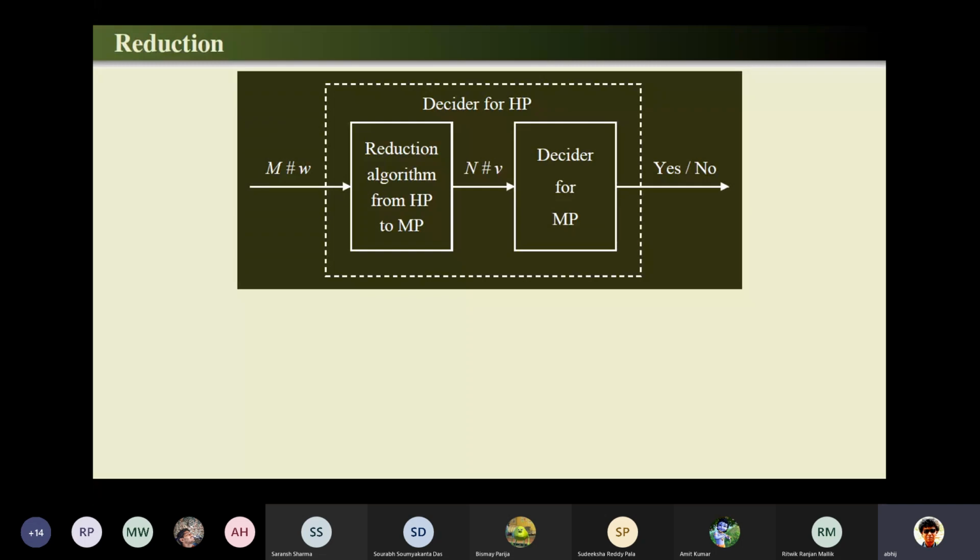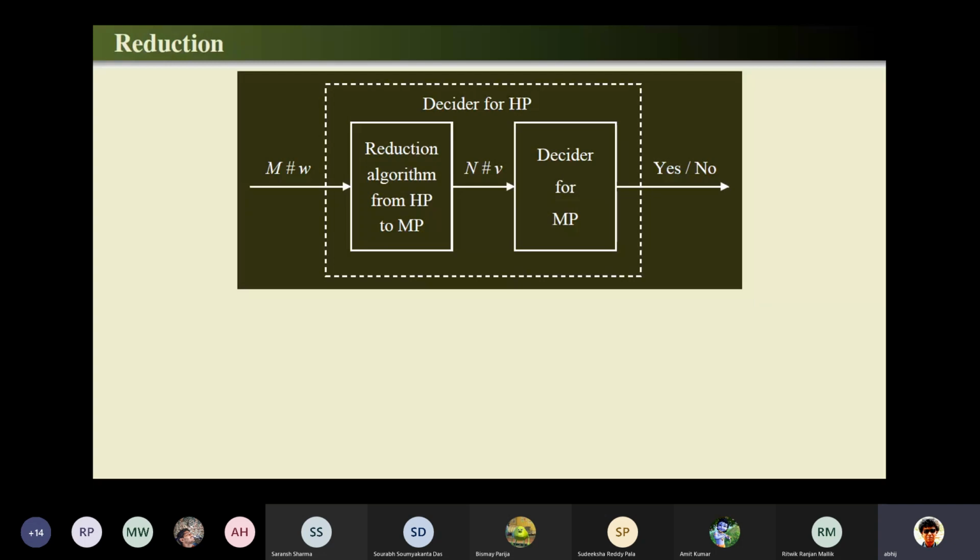Yeah, it's also possible that there are two things. Either the reduction algorithm does not exist or the decider does not exist. But I will just now construct that reduction algorithm. So that exists. Therefore, the only problem is the assumption that the decider for MP does exist.